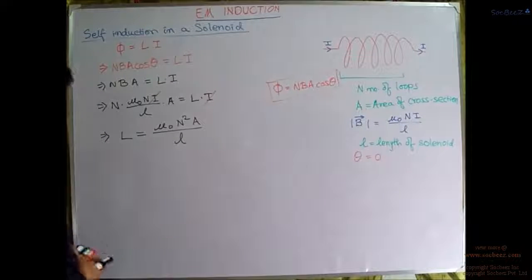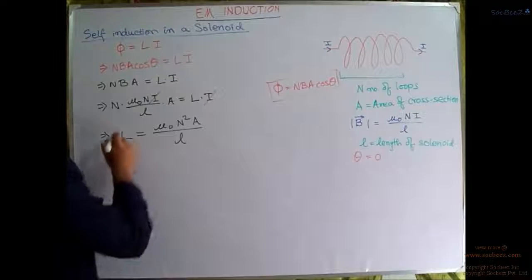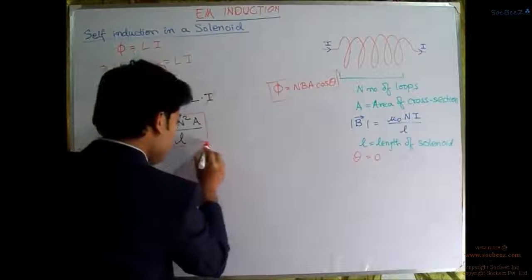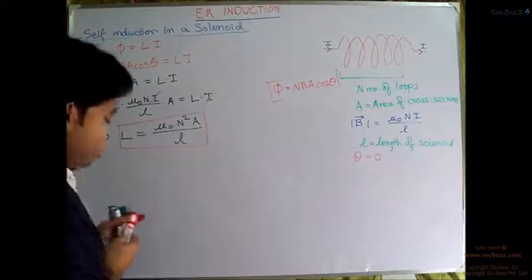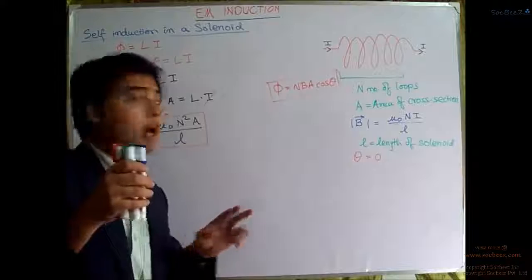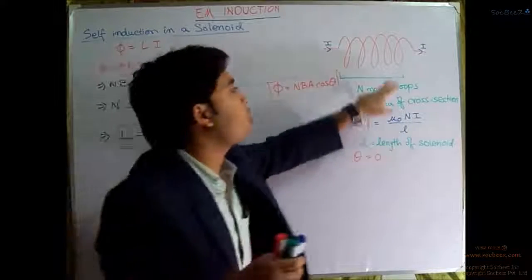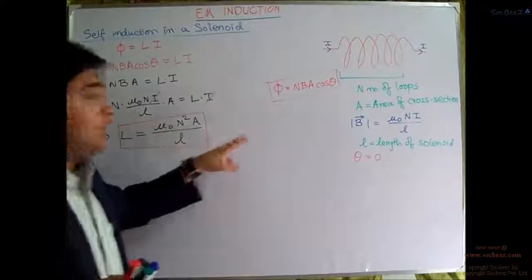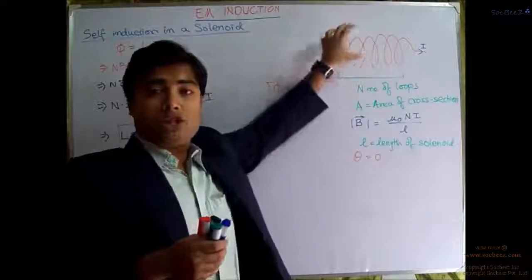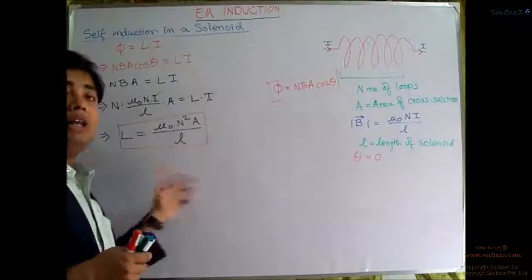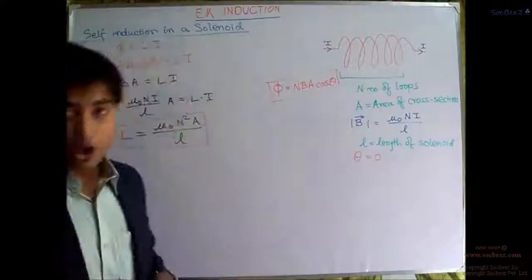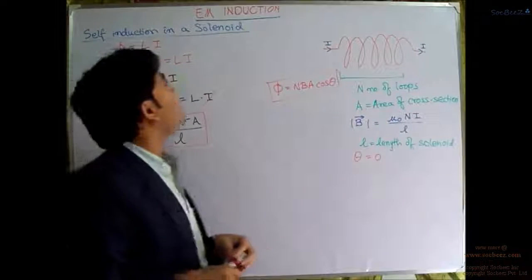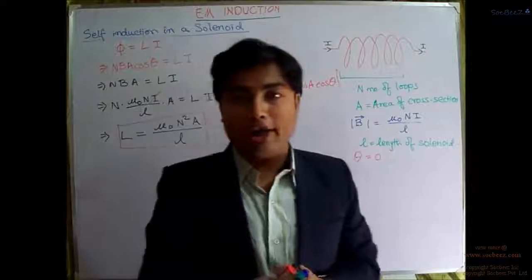So the self-inductance of a given solenoid will be equal to mu naught multiplied by the square of the number of turns or loops, multiplied by the area of the cross section of this solenoid, divided by the length of this solenoid. So this is about the self-induction of a solenoid.